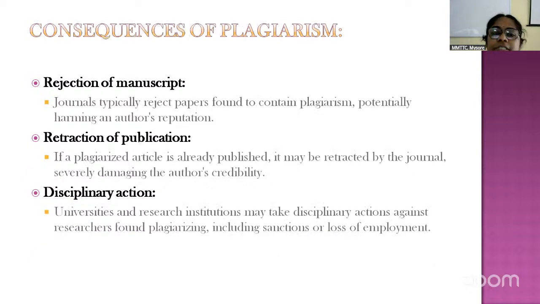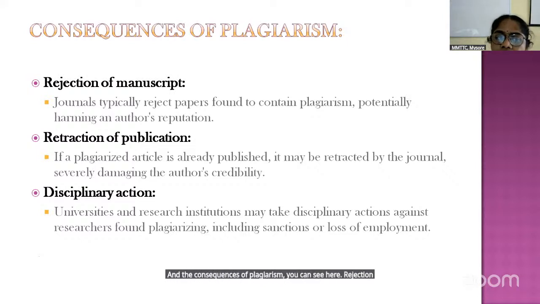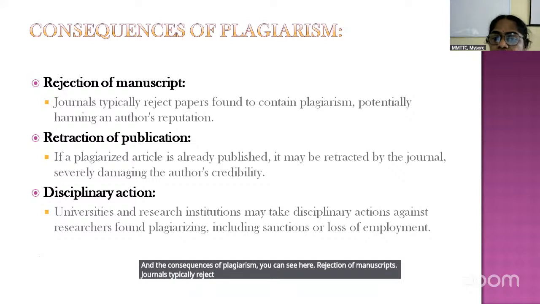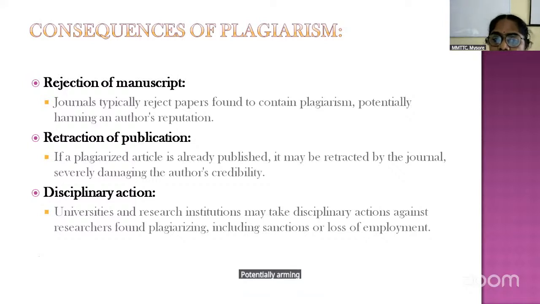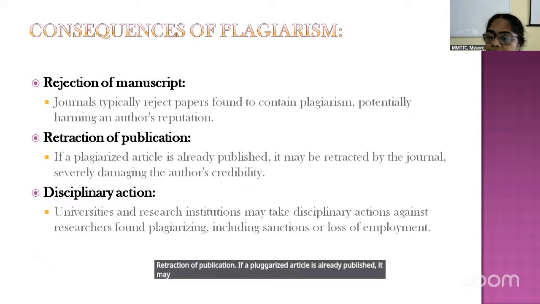And consequences of plagiarism, you can see here. Rejection of manuscripts: journals typically reject papers found to contain plagiarism, potentially harming an author's reputation, which will harm your reputation. Retraction of publication: if a plagiarized article is already published, it may be retracted by the journal, severely damaging the author's credibility.